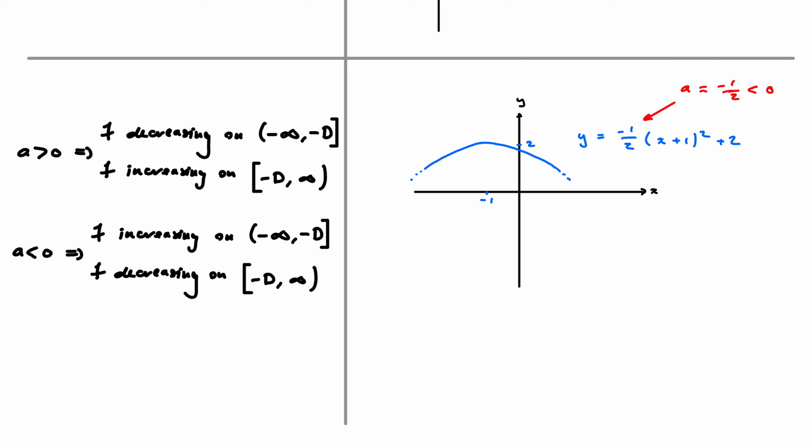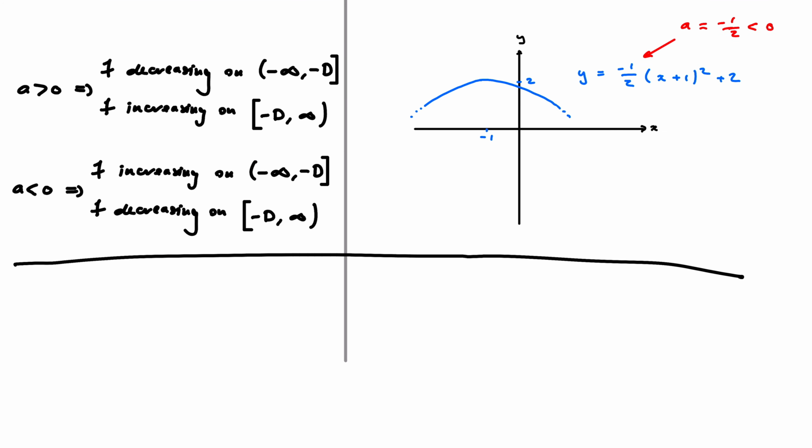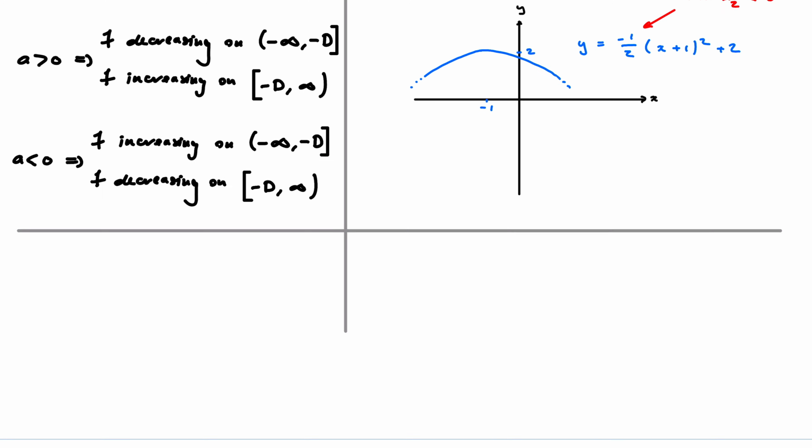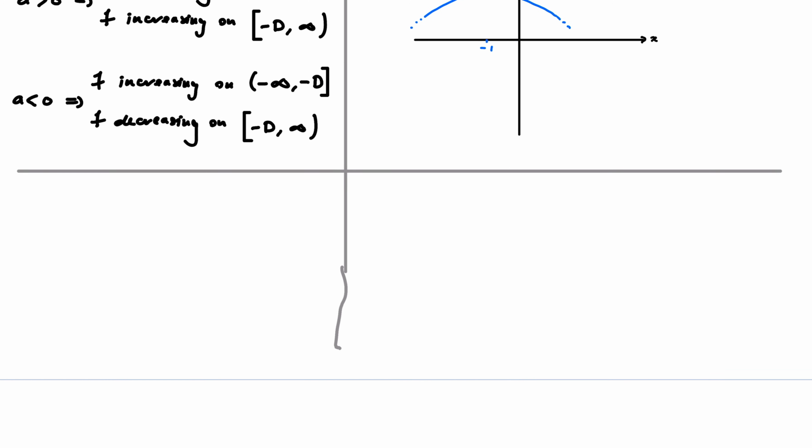Next, even or odd. Well, this is more straightforward and something we could have done before without any of this vertex form. In fact, the standard form is much better for this. So F is even if and only if there's no linear term.